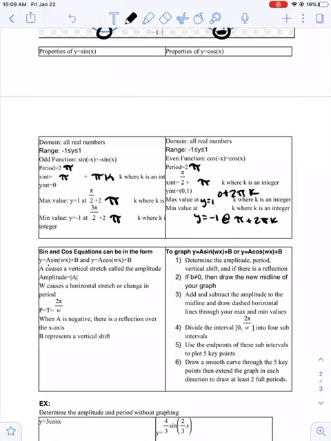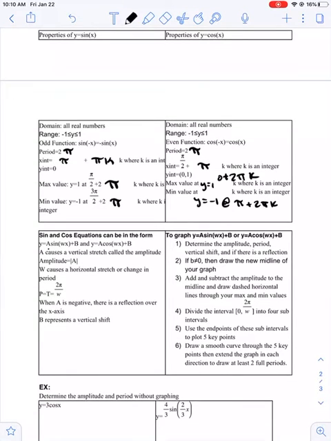And then the next is our period, and you find it by doing 2 pi divided by W. And this just tells you if this is going to have a horizontal stretch and a change in it. Then if that A value was negative, there's a reflection over the x-axis. And then if there's a plus B, which would happen outside of the parentheses, it would be a vertical shift, so if it moved up or down.